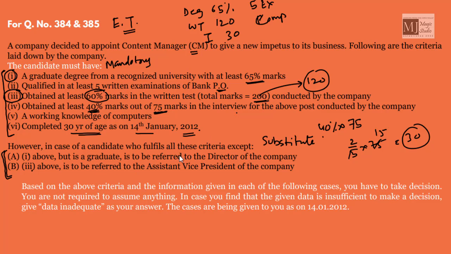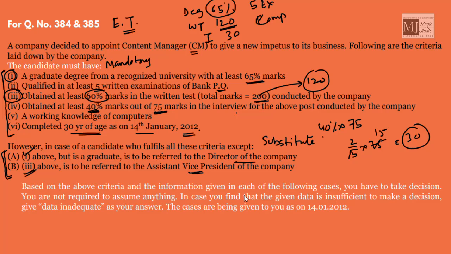However, if the candidate does not fulfill criteria 1, which is 65% marks in graduation, then he or she should be referred to the director. And if they are not following 3, that means if the marks are less than 120 but all other criteria are followed, then they can be referred to the assistant vice president.